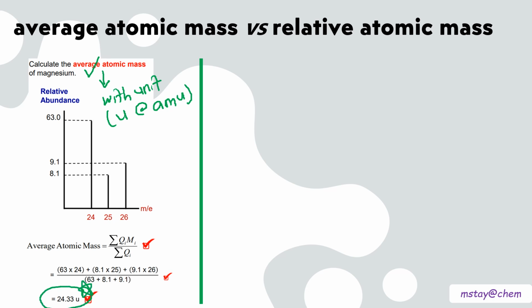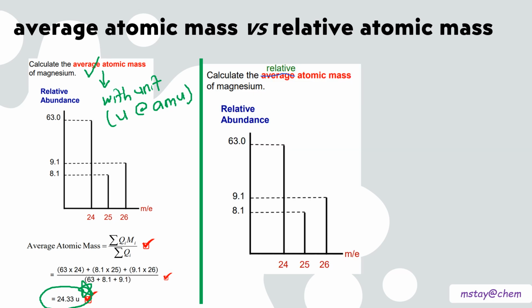If the question asks you to calculate the relative atomic mass, let's say the word average changes to relative atomic mass. This question looks similar and the final value of the answer is the same for these two questions, but the working steps are slightly different. If the question asks you to calculate the relative atomic mass, there are two steps.